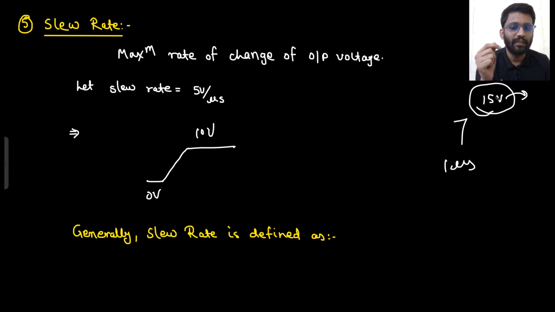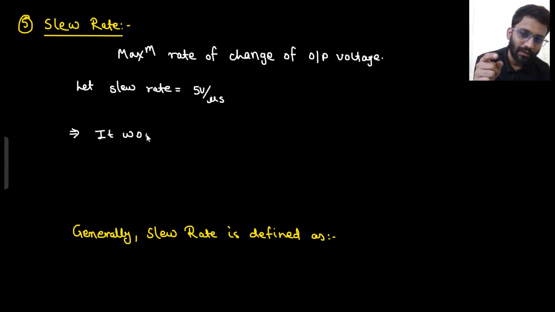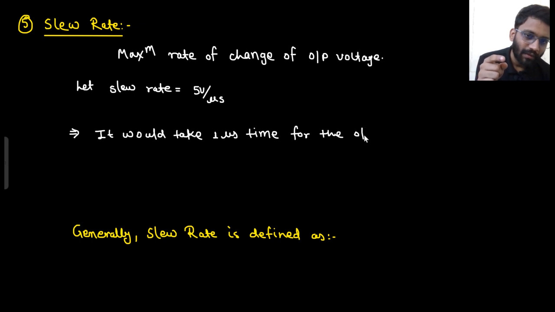So what does it mean? If your slew rate is 5 volt per microsecond, that means it would take 1 microsecond for the output to gain or lose 5 volt.